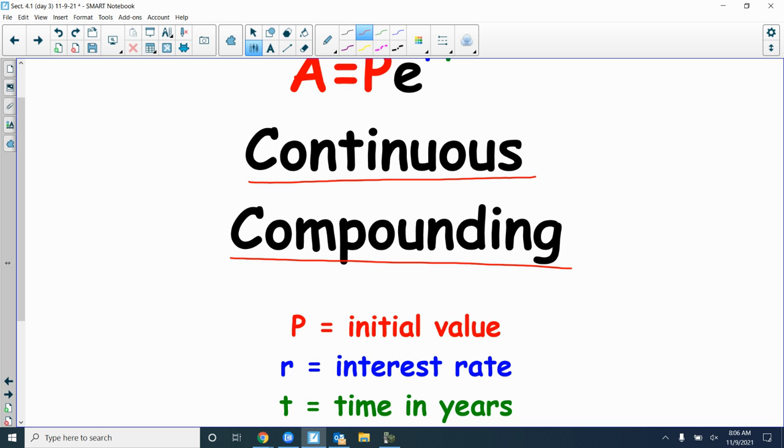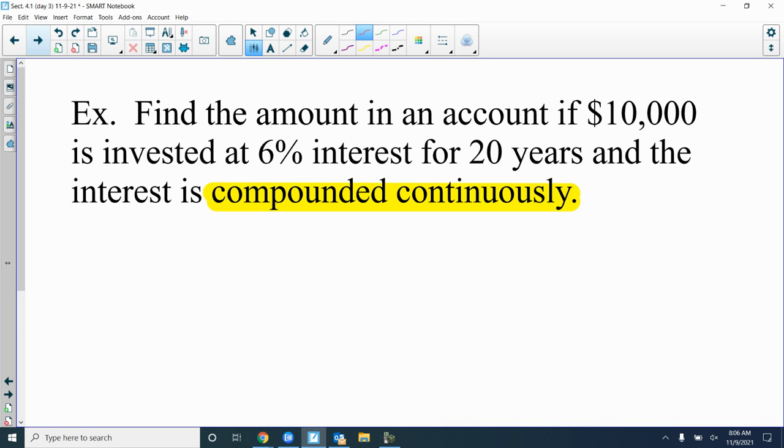So if you look at that example on the bottom, it has to state that it's being compounded continuously. If it states that, then we can use that little formula. All right, find the amount in an account if $10,000 is invested at 6% for 20 years and the interest is compounded continuously.